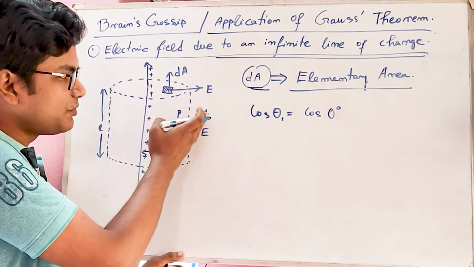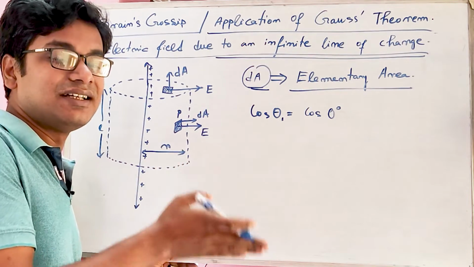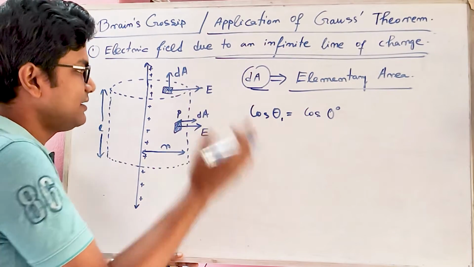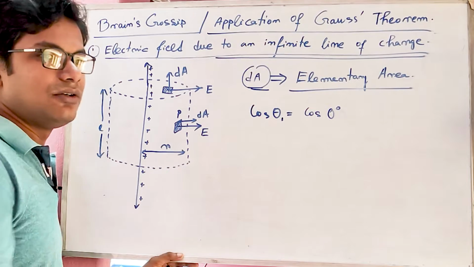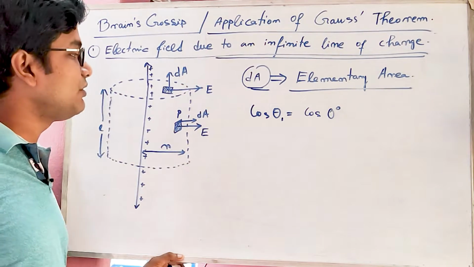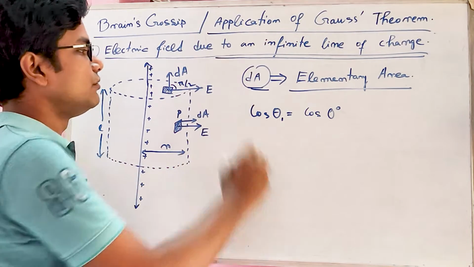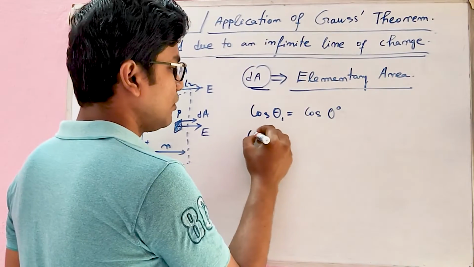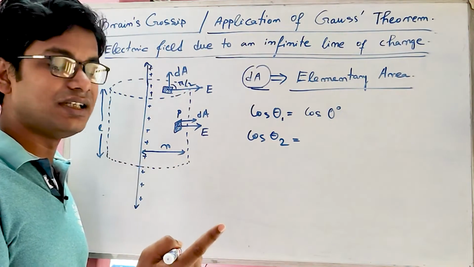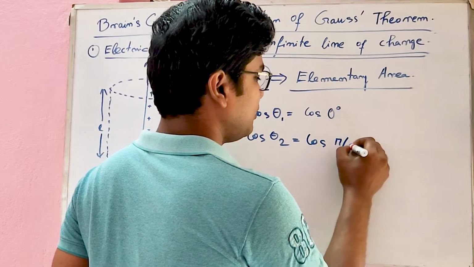Because the direction of dA and the direction of E are the same, radially outward. But on the plane surface at the top of the cylinder, we see that the angle is 90 degree, that is pi by 2. So cos theta 2, where theta 2 is 90 degree, is cos pi by 2.